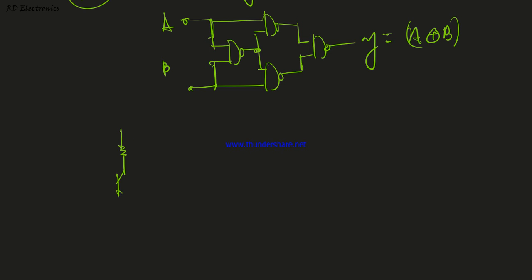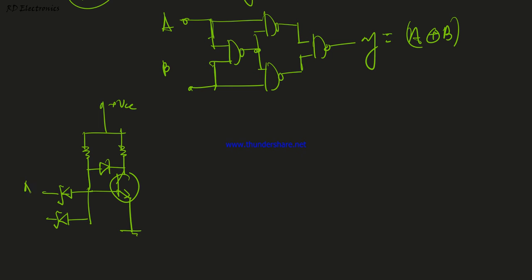We saw in the previous slide one resistance, here one diode is connected, here one resistance, and here we connected 2 Schottky diodes. This is plus 5 volt. The input is A and B. Just consider that the output of this NAND gate is connected to another input, where another NAND gate is connected.